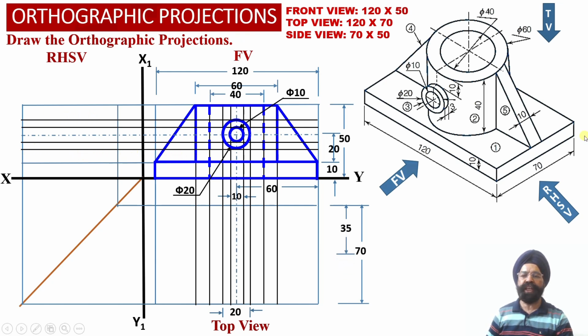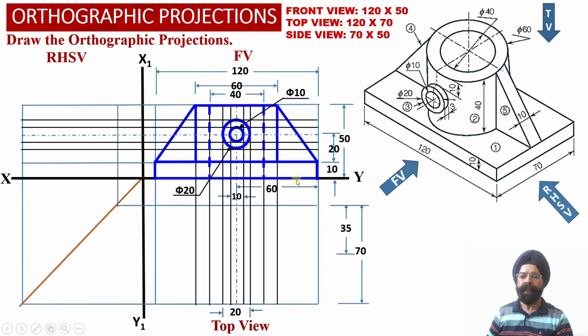Now let us proceed to evaluate the top view orthographic projections of the solid. We know that this hollow vertical cylindrical portion, our element number 2, is lying centrally along the depth of the solid. The total depth of the solid is 70 millimeter, so the center point will be 35 millimeter from the front surface or 35 millimeter from the rear surface.